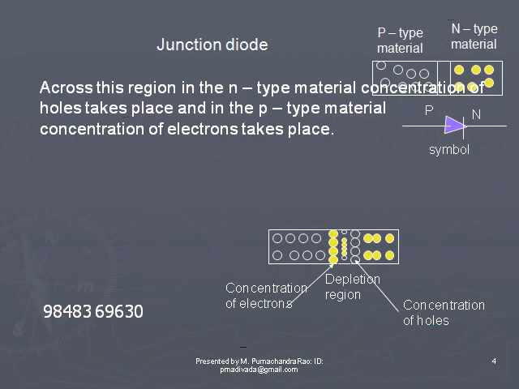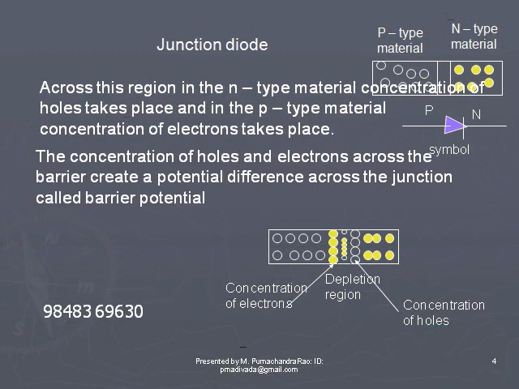Electrons crossing the junction concentrate across this junction inside the P-type material. Inside the P-type material, near the junction, electron concentration takes place. Inside the N-type material, near the junction, concentration of holes takes place.